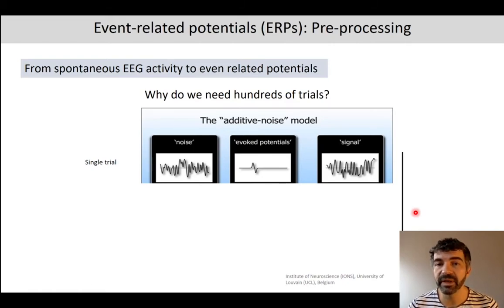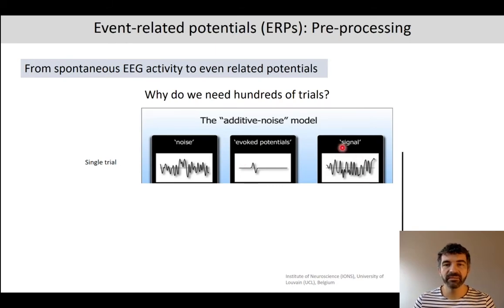So why do we need so many trials in EEG typically? Well, the reason is that there is still a lot of noise in the signal that we measure. And this is best described by the additive noise model here that you can see.